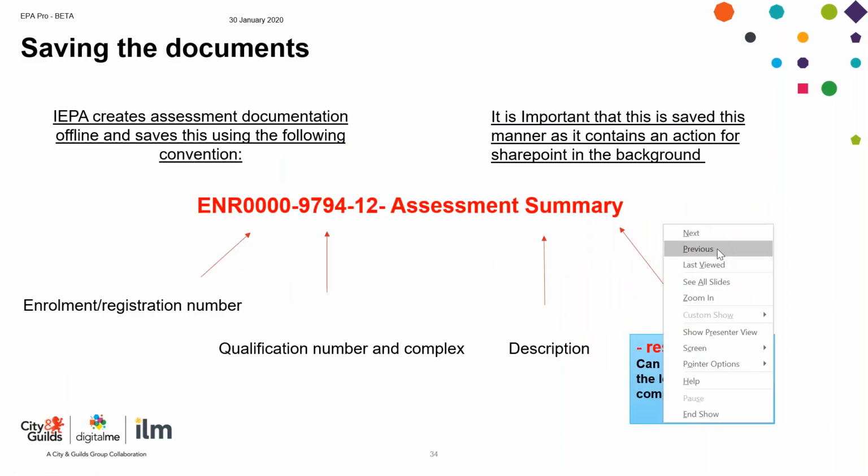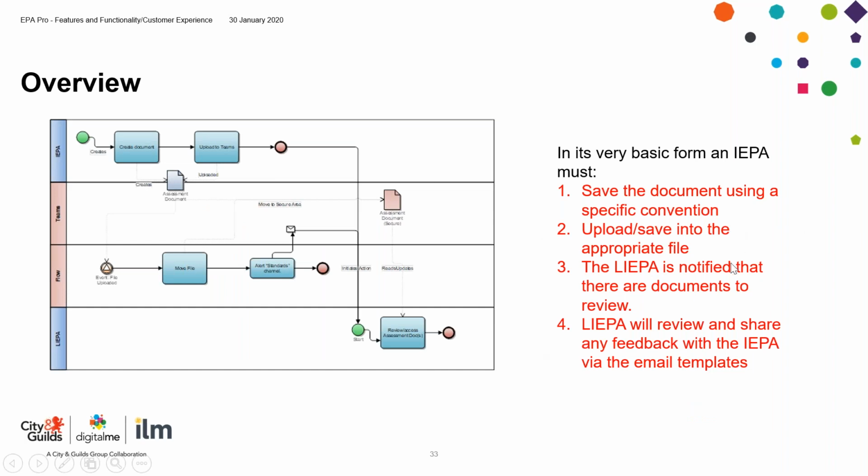Oops, go back a bit, sorry. Once that happens, the LIEPA will be notified. They'll get an automatic notification that something's changed on Teams and that there are documents to review. Then the LIEPA can access that site, and they will see the documents within each apprentice folder. There'll be a number of apprentice folders that they can access, and they will be able to go to the appropriate apprentice folder and access any of the documentation that they need to.